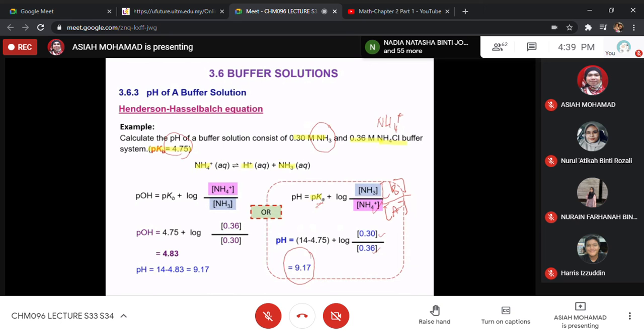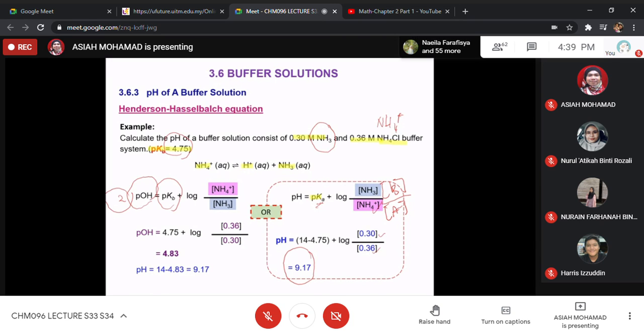You can also use the second equation in order to calculate the pH of a basic buffer solution. Please keep in mind that here you are going to use pKb, as you are using pOH.